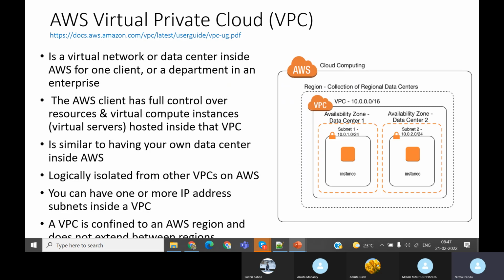So first of all, what is VPC? What is a virtual private cloud? Suppose you want to create your own data center, or suppose you are trying to set up your own office, maybe you have hundreds or thousands of developers.